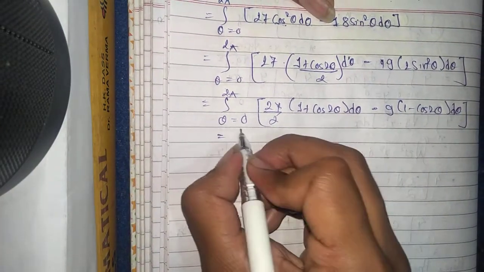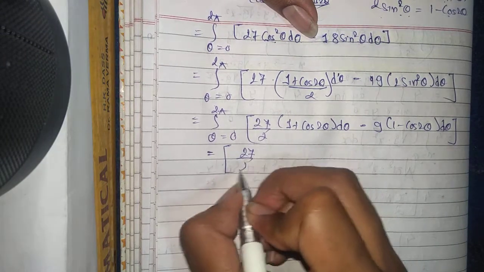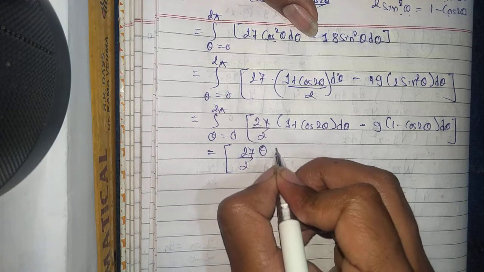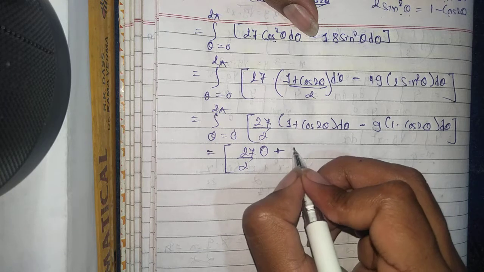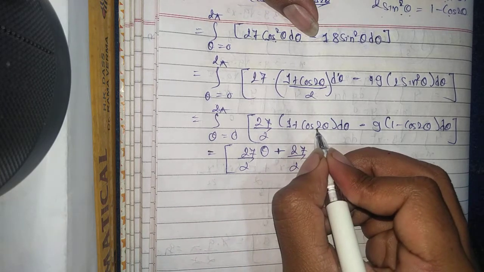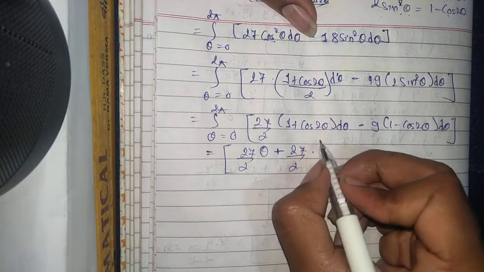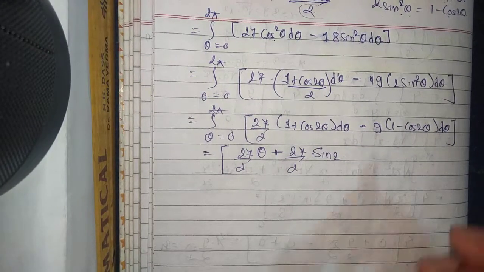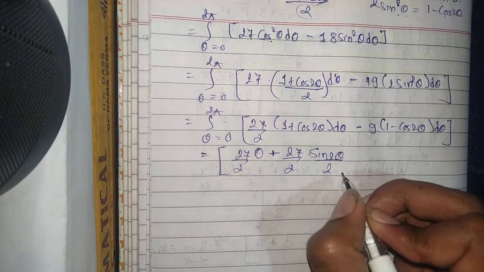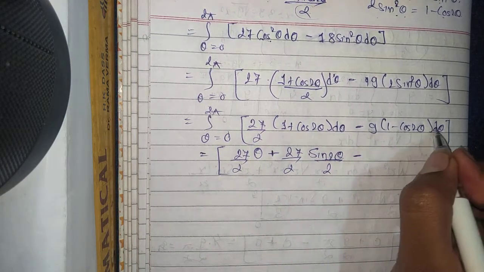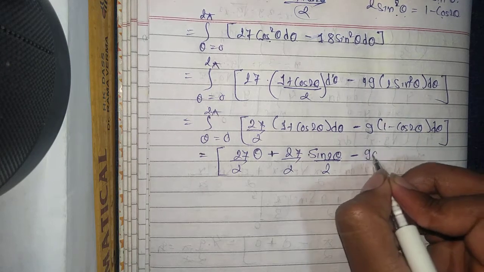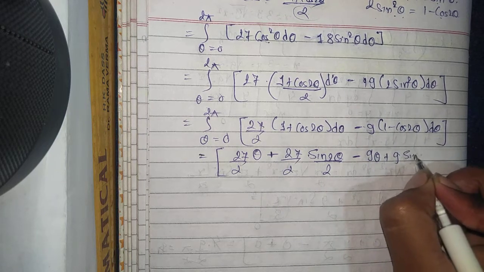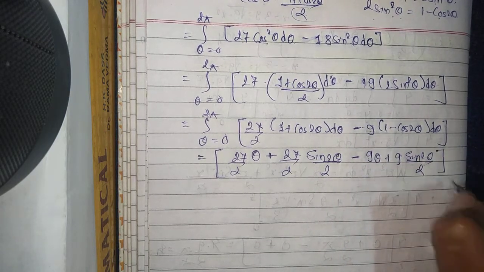Now integrating it, we get 27 by 2 times theta, plus 27 by 2 times sin 2 theta upon 2, minus 9 theta plus 9 times sin 2 theta upon 2, with the limit varying from 0 to 2 pi.